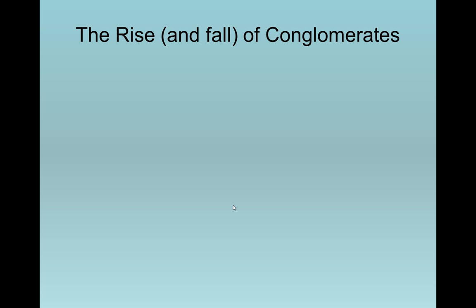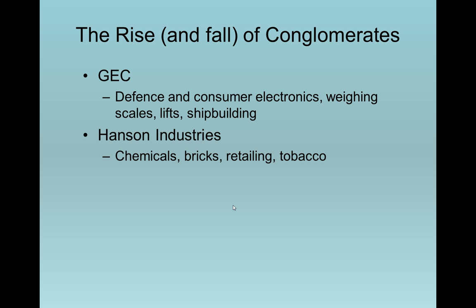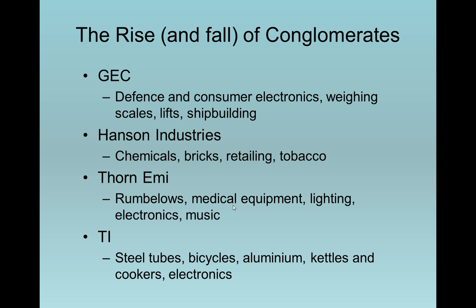Over time, particularly during the 60s and 70s and even into the early 80s, there was a considerable number of conglomerates. So firms like GEC, Hanson Industries, Thorn EMI, TI or Tube Investments, UK-based firms which were composed of a variety of different businesses, many of them with very little relationship between them.